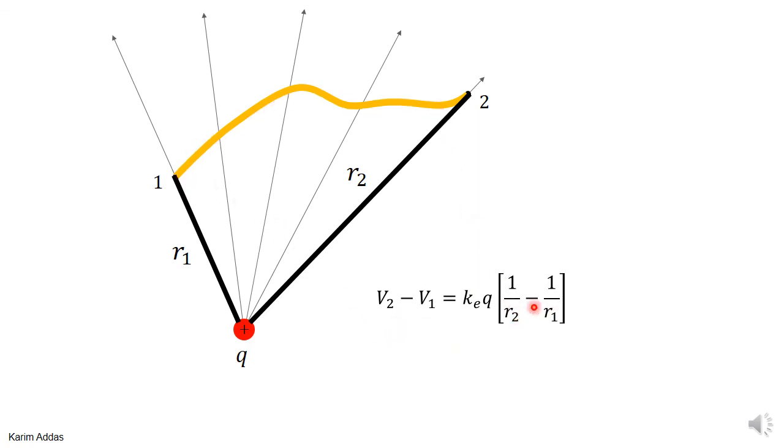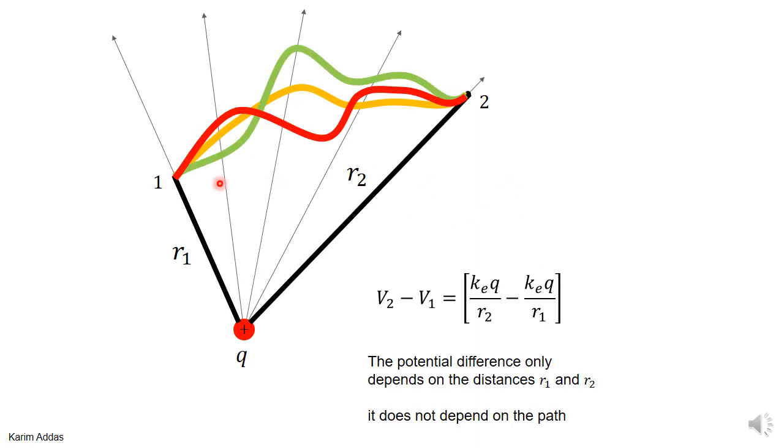It only depends on the distance between the charge and point 1, r1, and it depends on the distance between the charge and point 2. That's all. It doesn't give any dependence on the particular path that we've chosen. That means if you try to do the derivation using any other path, you get exactly the same result. So this shows that the difference in potential doesn't depend on the path that you choose.